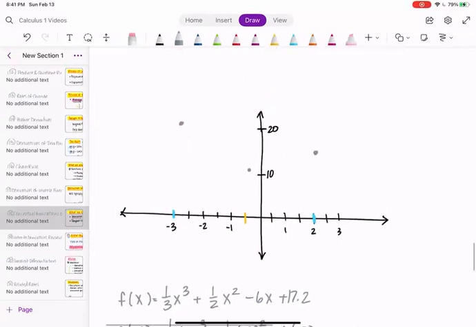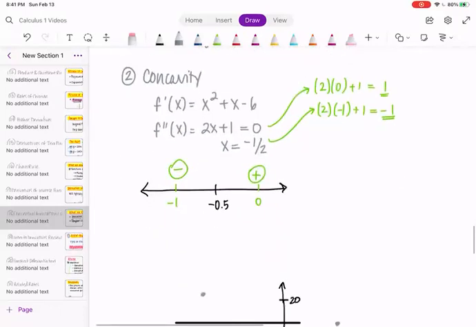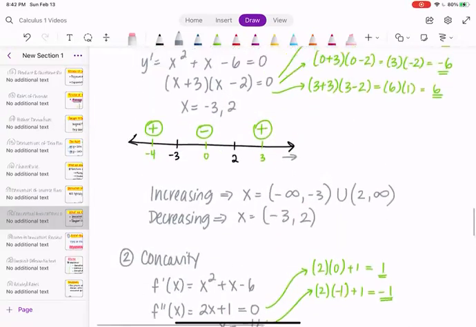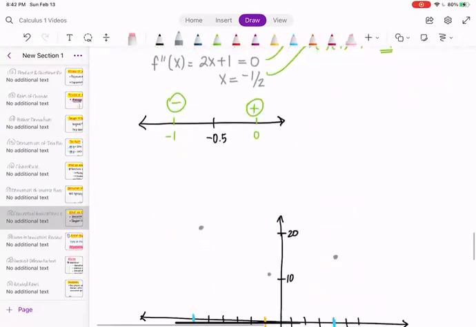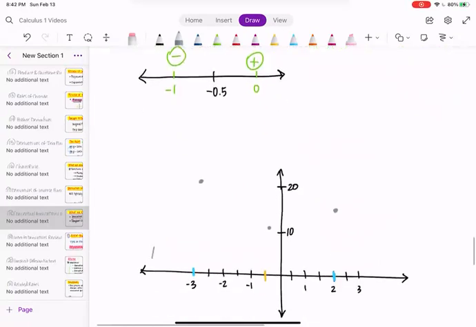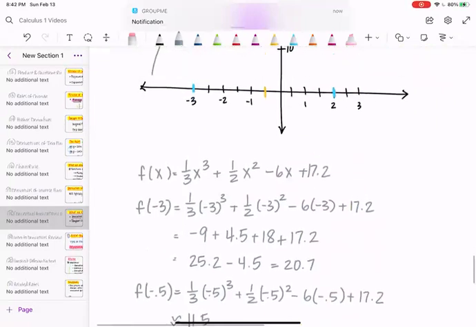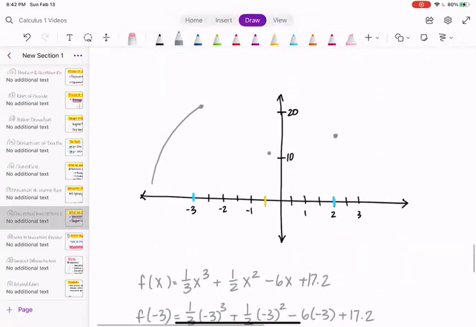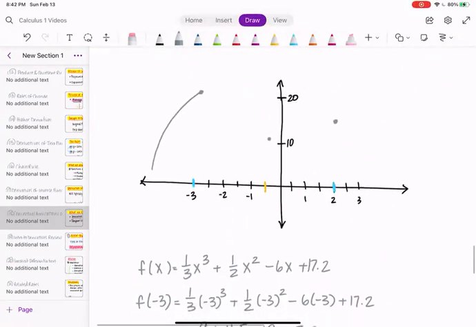So let's piece together the information that I know. I know that from -3 to the left, it has to be increasing. So essentially it has to be doing this. But I also know that from these other places, from -3 to -2, it has to be, what's it called?